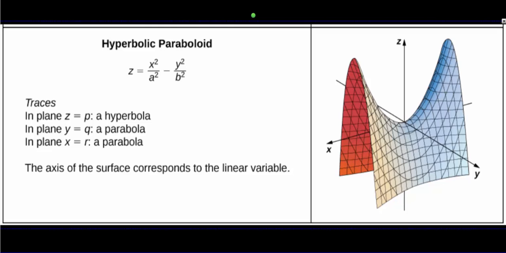Now remember, the elliptic paraboloid has a plus right here. The hyperbolic paraboloid has a minus. So that's pretty easy to remember if you relate it back to what you know about hyperbolas and ellipses in the conics. Okay, so it makes it a little bit easier to remember.